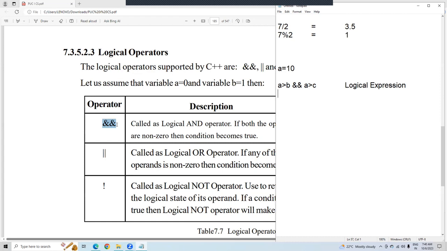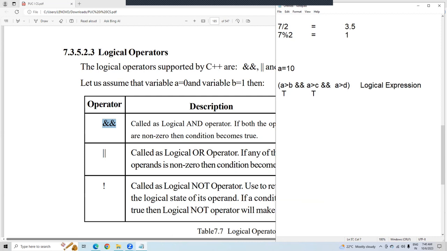And then this logical AND: you can give any number of conditions, no restrictions on that. You can say A greater than B, any number of conditions you can have. So what will be the final output of this equation? The final output is true if all the given conditions are true.